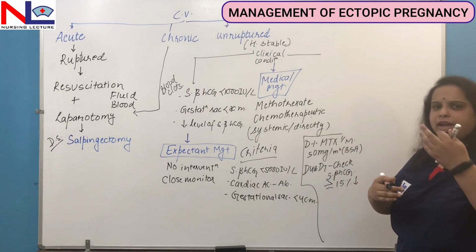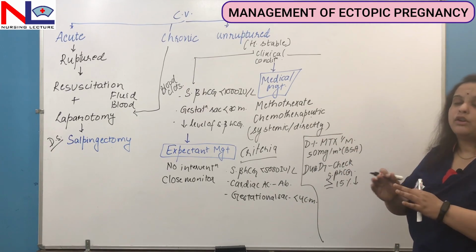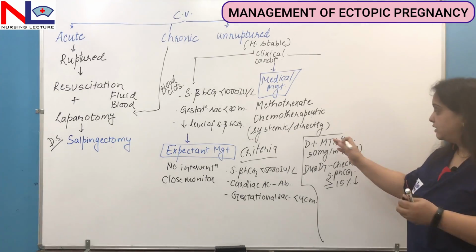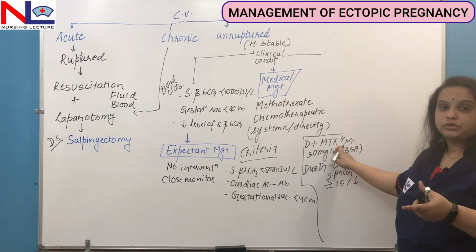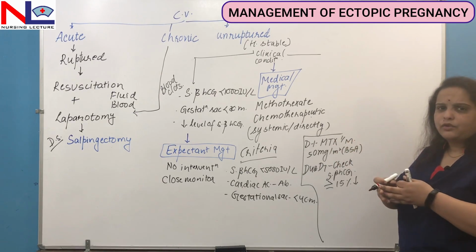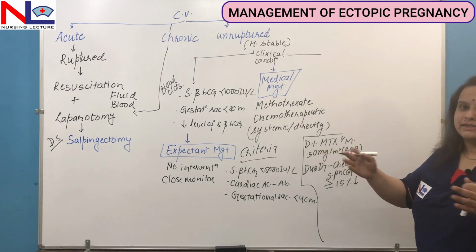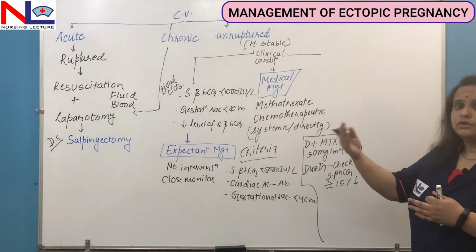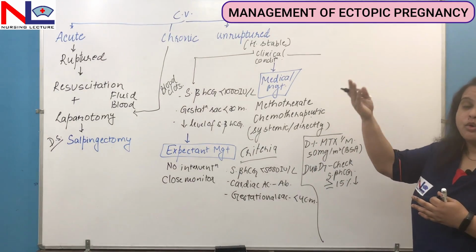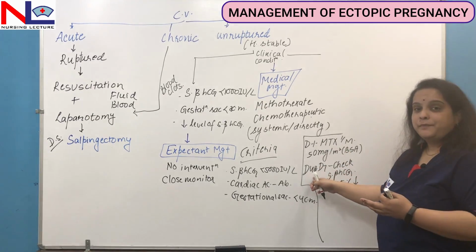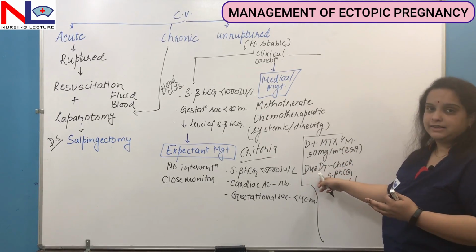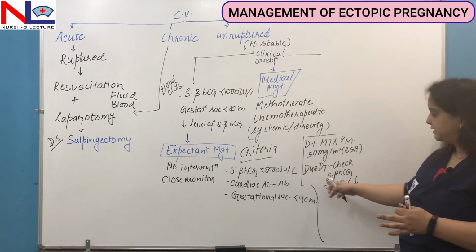Before that, the value can go up and down, so we cannot rely on it. Once we give methotrexate, it kills the trophoblastic cells, and the trophoblast releases more beta HCG into the maternal serum. So there may be a chance that the value goes up. That's why we check on day 4 and 7 for appropriate results.